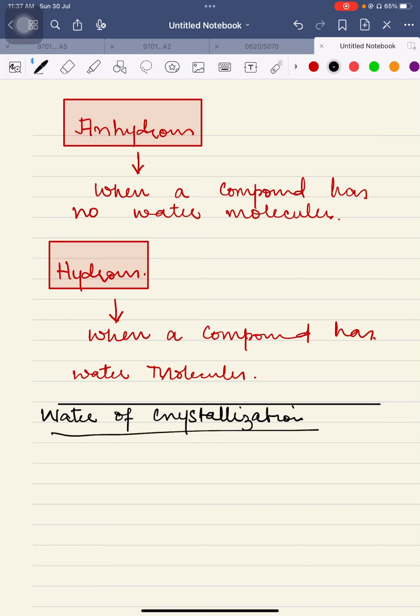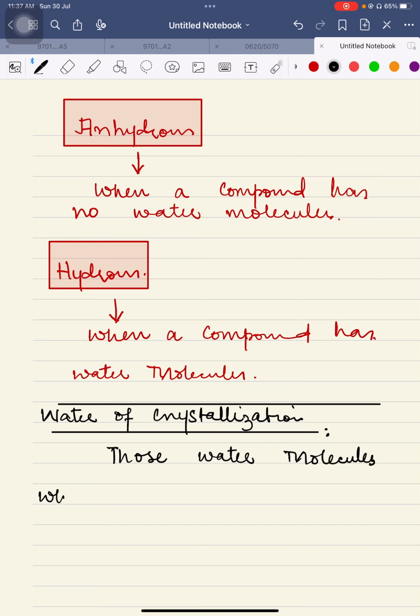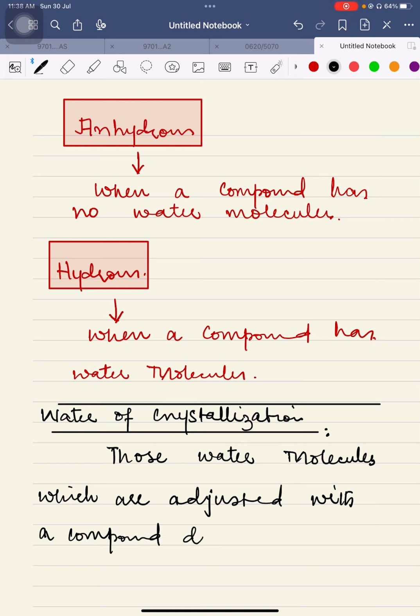Let me tell you this definition very clearly.